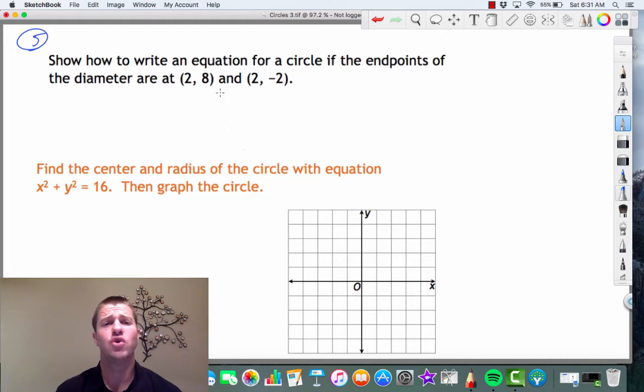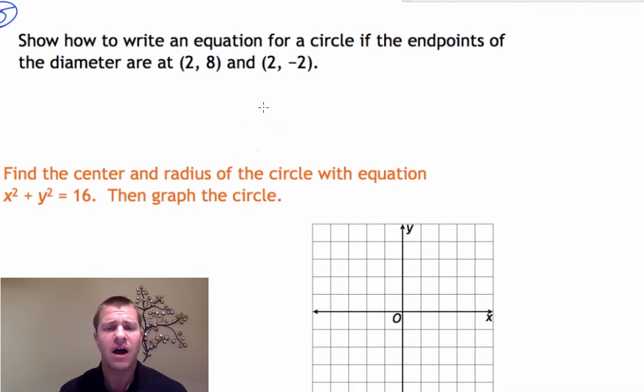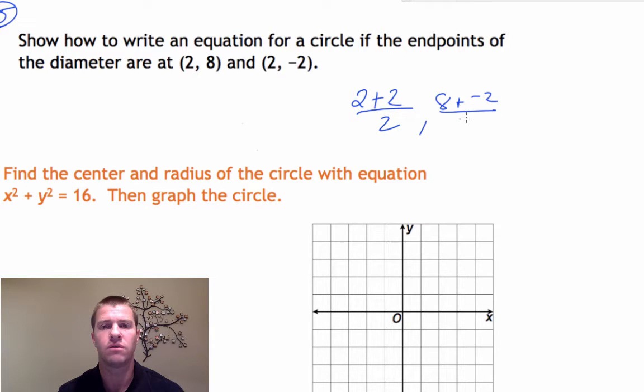So here I'm given 2 endpoints of the diameter, and I need to find the center. Well, the center is going to be the midpoint, so I'm going to use the midpoint formula, which is going to be 2 plus 2 divided by 2, 8 plus negative 2 divided by 2.